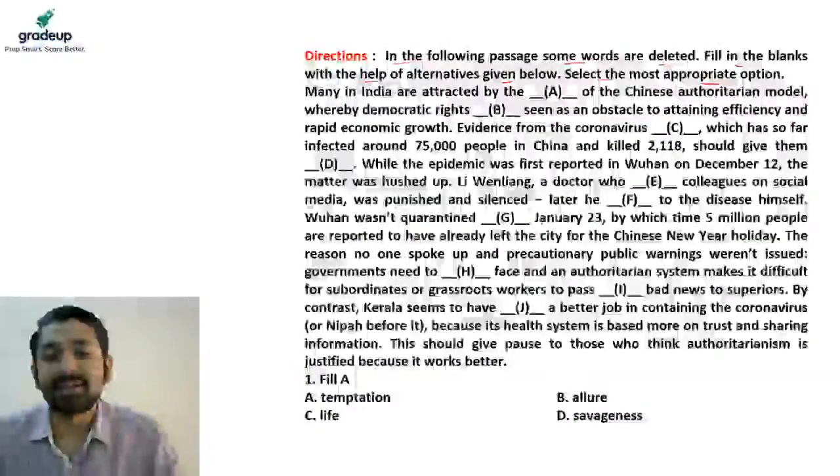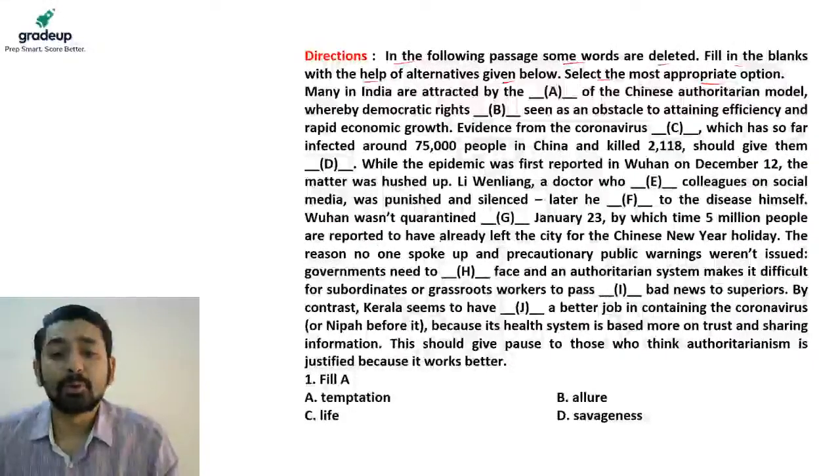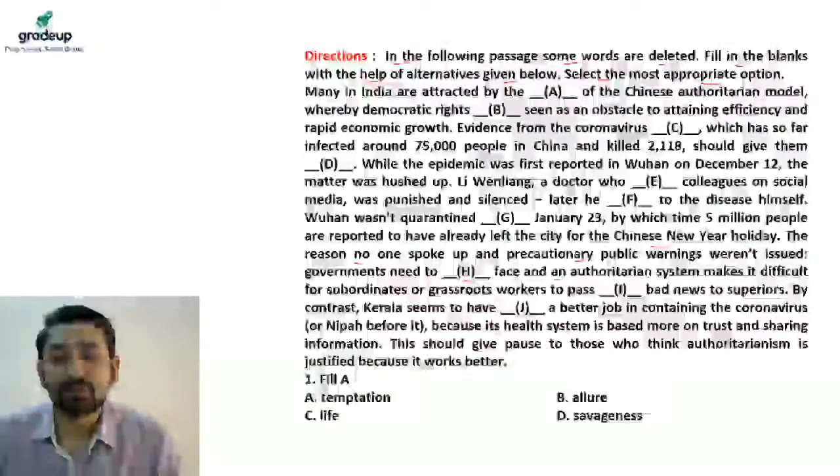Wuhan was in quarantine January 23, but by which time 5 million people are reported to have already left the city for the Chinese New Year holiday. The reason: no one spoke up and precautionary public warnings weren't issued. Governments need to dash face, and an authoritarian system makes it difficult for subordinates or grassroots workers to pass dash bad news to the superiors.